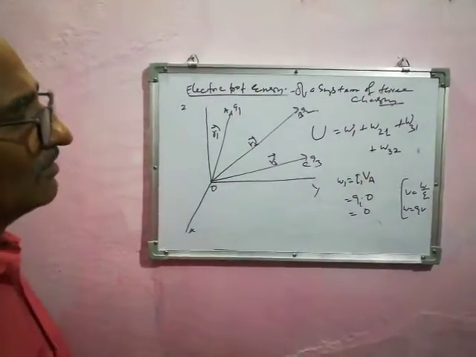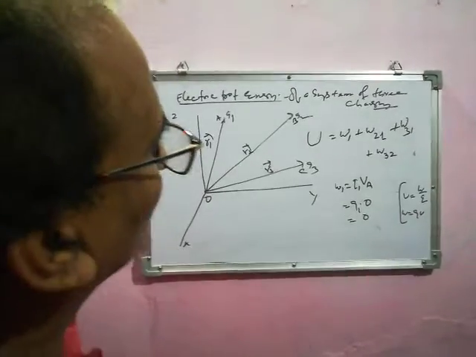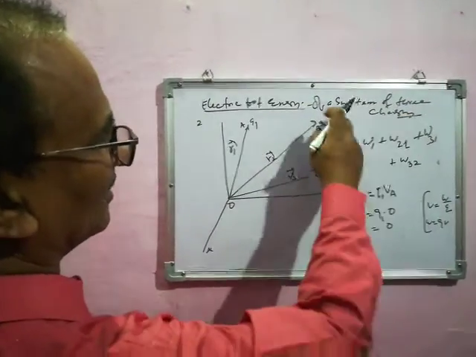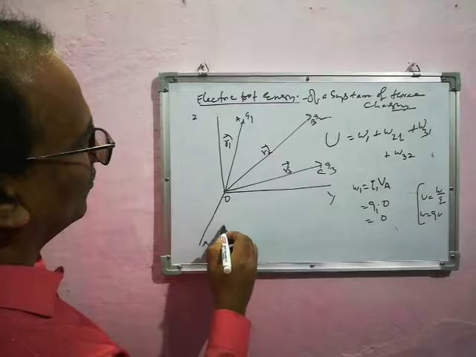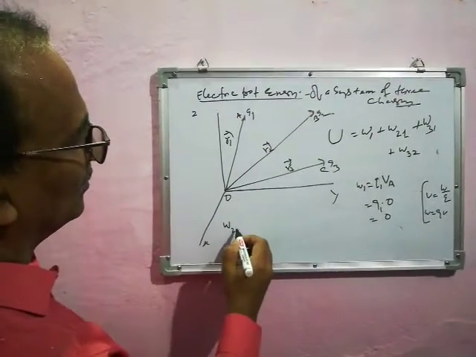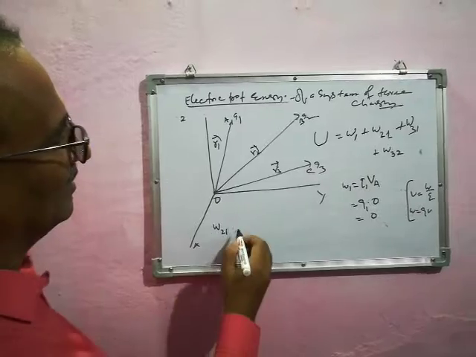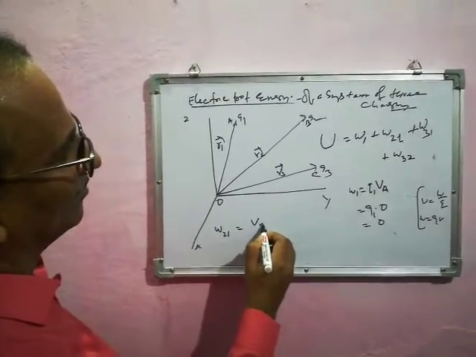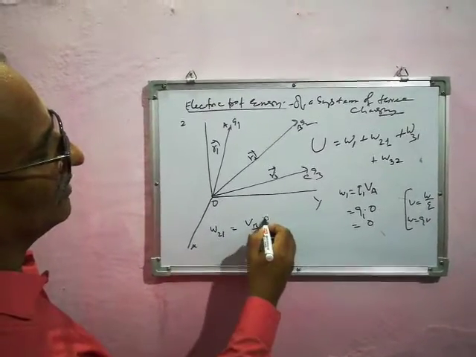Now let us calculate the work done in bringing the second charge Q2. The work done in bringing the charge Q2 in the presence of 1 is equal to the potential at the point B into charge Q2.